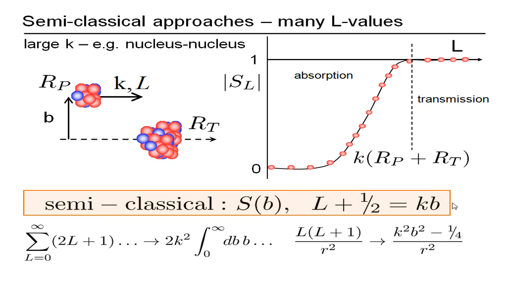You can also see that the centrifugal barrier L times L plus 1 over R squared is essentially K squared B squared over R squared. So we're moving away from L and over to B, and they do basically the same stuff, but the equations look slightly different.